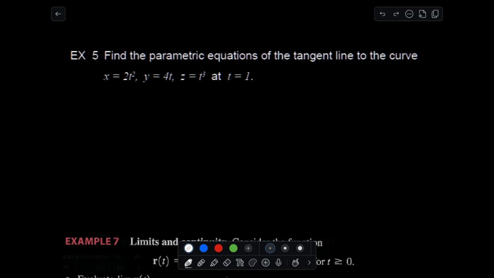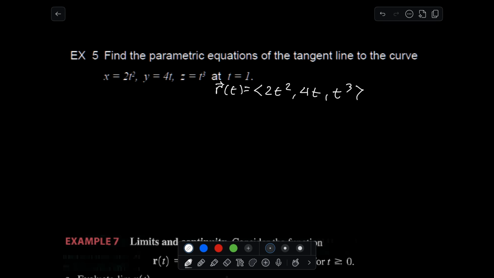Just get our point first. It's going to be r of t equals 2t squared, 4t, t cubed.